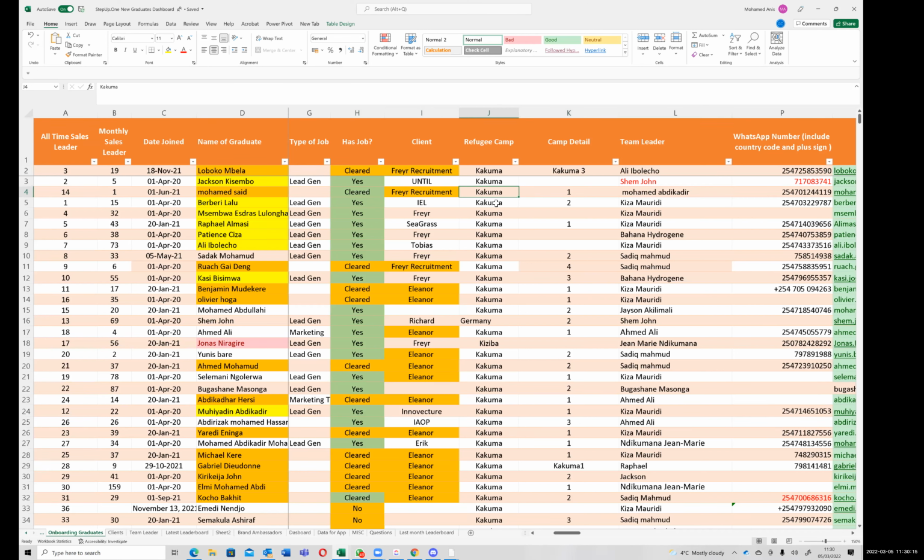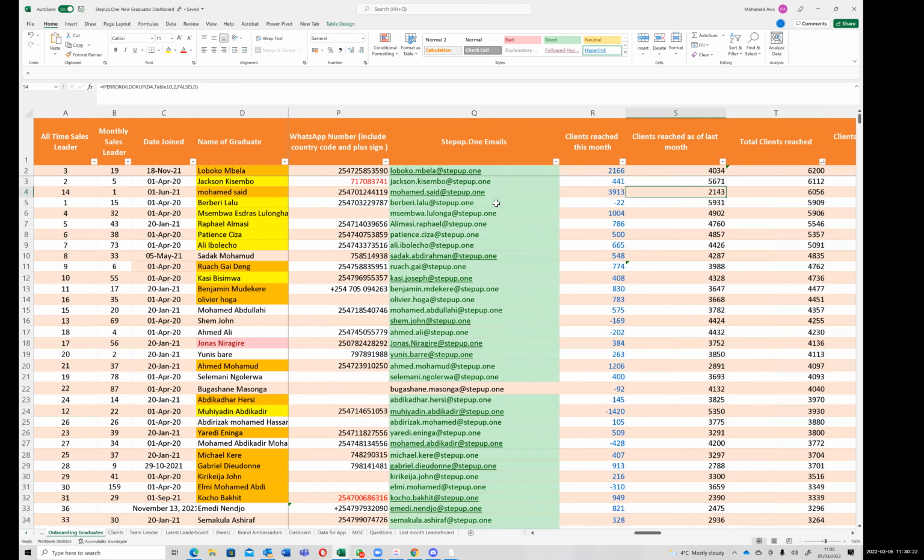It happened the same to Kocho, who has 12,000 invited in HubSpot, but the real people that he invited is 4,000 something. I think I told you about this.